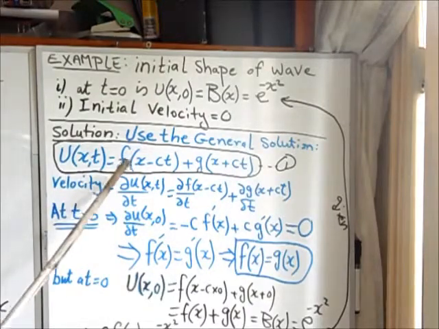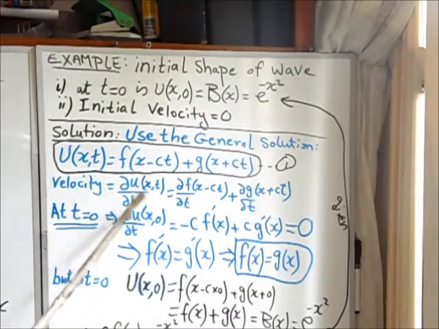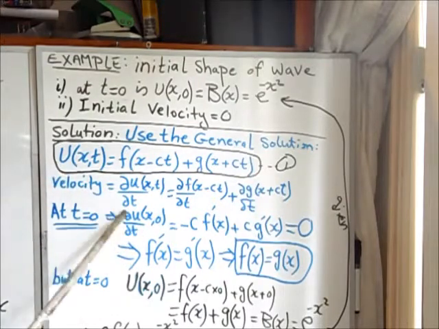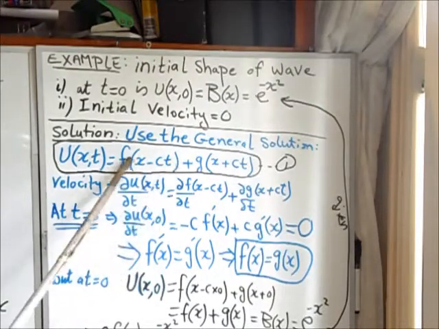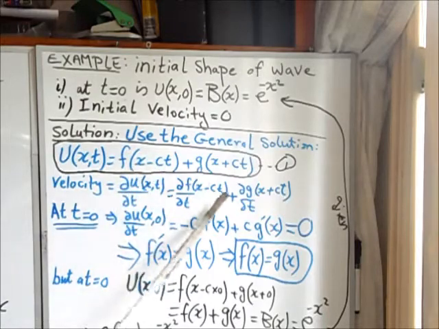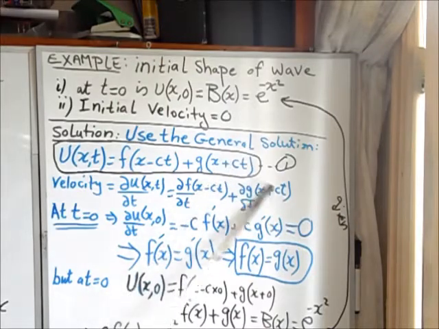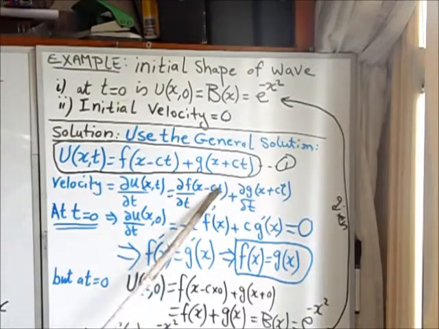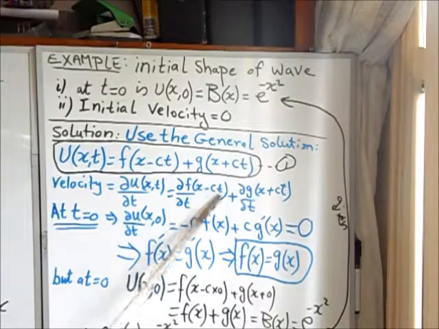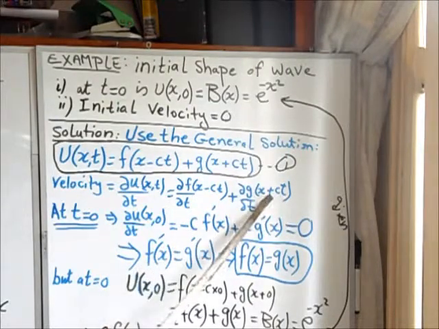Now the velocity of this wave can be found by taking the partial derivative of u with respect to time. So that's du/dt of the variables x, t, equals df of the function x minus ct over dt plus dg over dt of x plus ct. Now we're deriving with respect to t. That's why the derivative will be multiplied by minus c, as you can see, and this section will be multiplied by plus c.